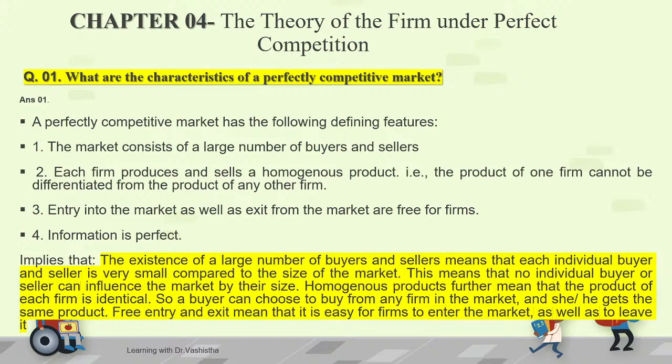As we all know, a market is a platform where buyers and sellers meet, and there are different kinds of markets. Perfect competition, then imperfect competition, and then there is a mixed nature, which is a blend of both.